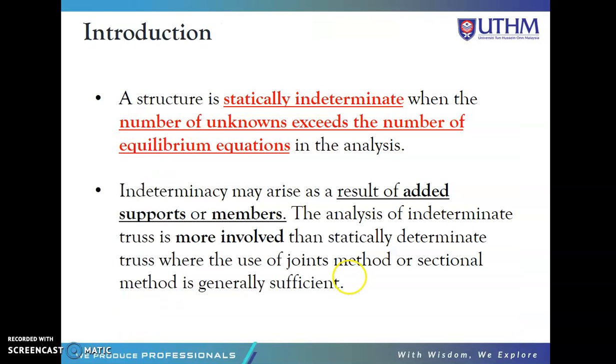As the introduction, a structure is statically indeterminate when the number of unknowns exceeds the number of equilibrium equations in the analysis. When the number of reactions or unknowns exceeds the number of equilibrium equations, indeterminacy may arise.